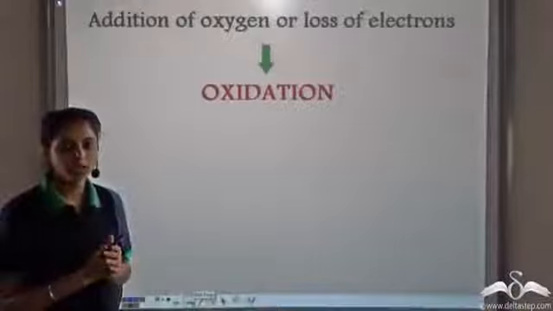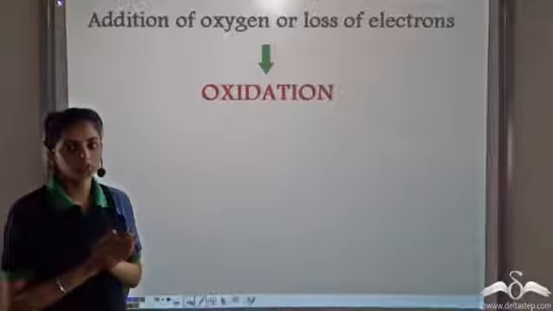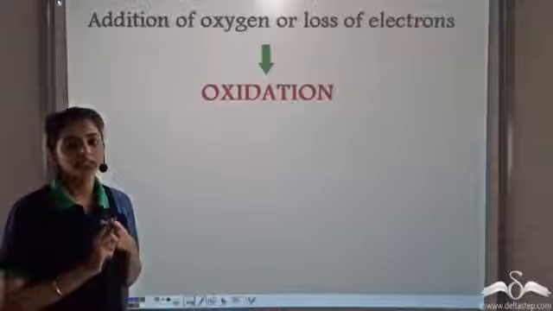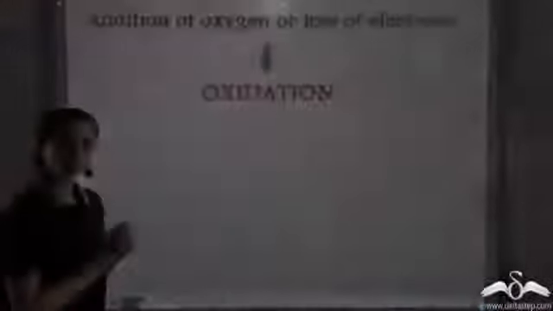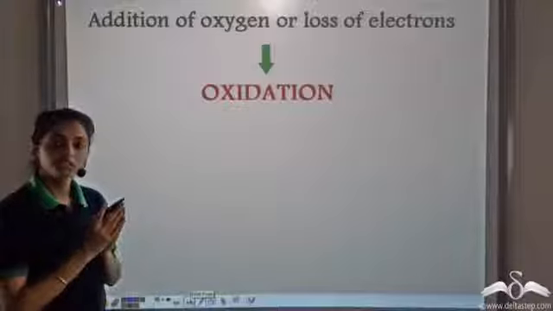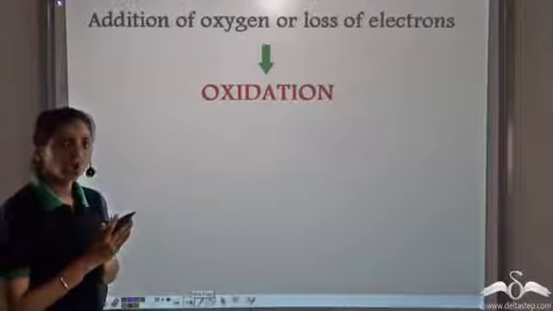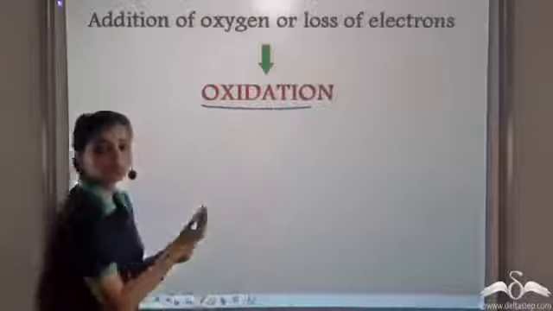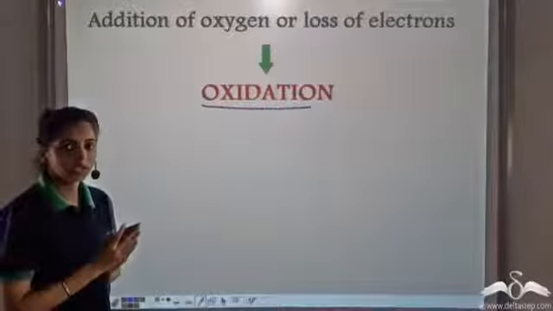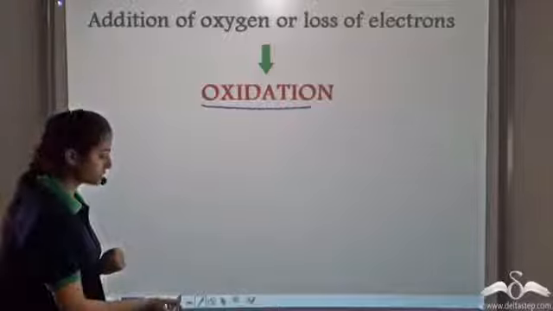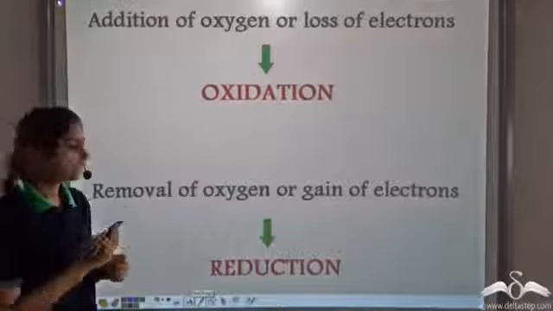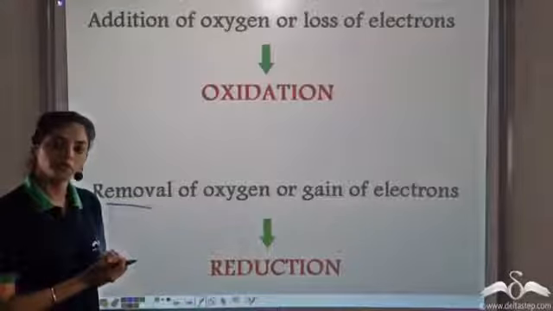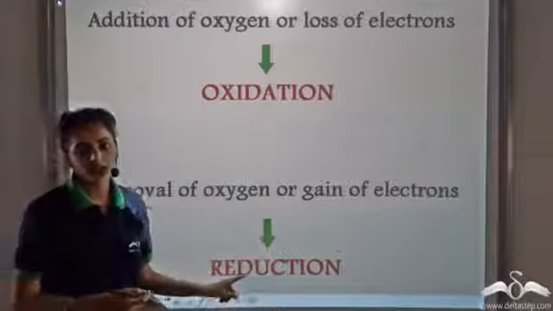So how do we compare oxidation and reduction with the addition and removal of oxygen and the gain and loss of electrons? Whenever there is addition of oxygen or a loss of electrons, that reaction is known as an oxidation reaction. Similarly, the opposite case: whenever there is a removal of oxygen or gain of electrons, we call that a reduction reaction.